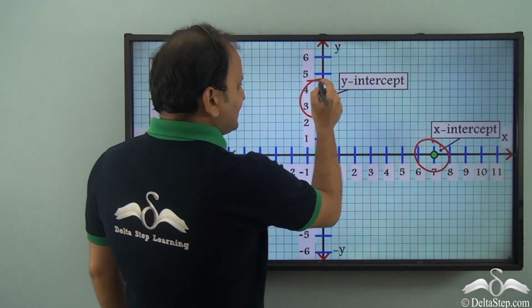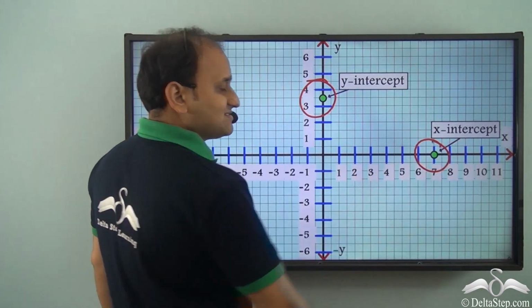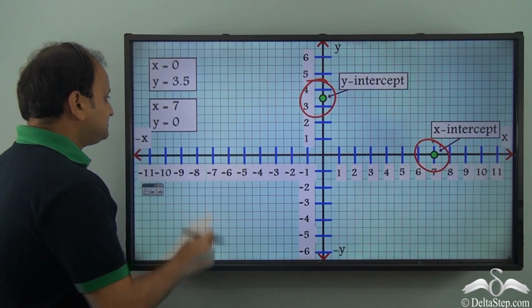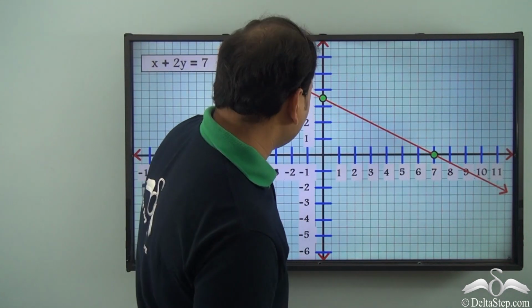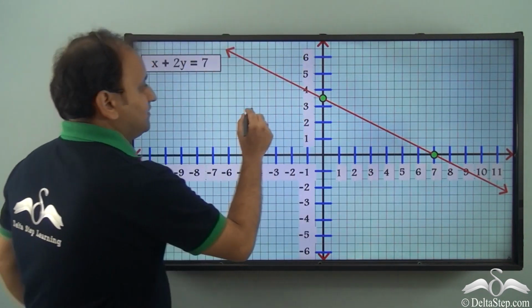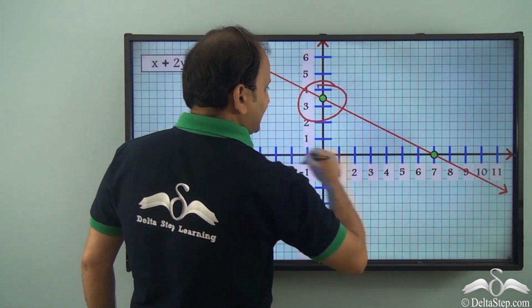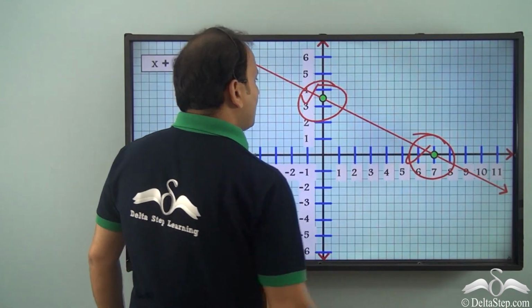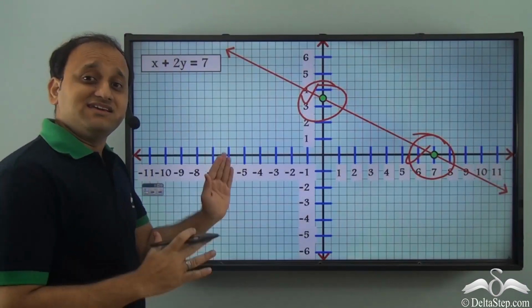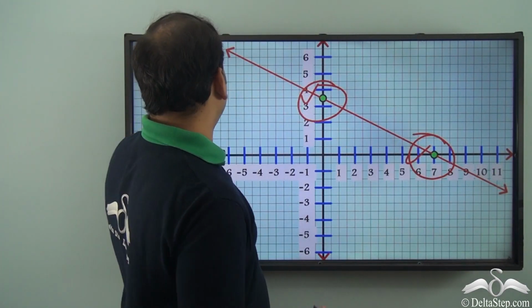And that's why this is the y-intercept and this is the x-intercept. So, if we join this particular line, then you can clearly see it's intersecting here and here at x-intercept and y-intercept. And this is the easiest way to solve for an equation.